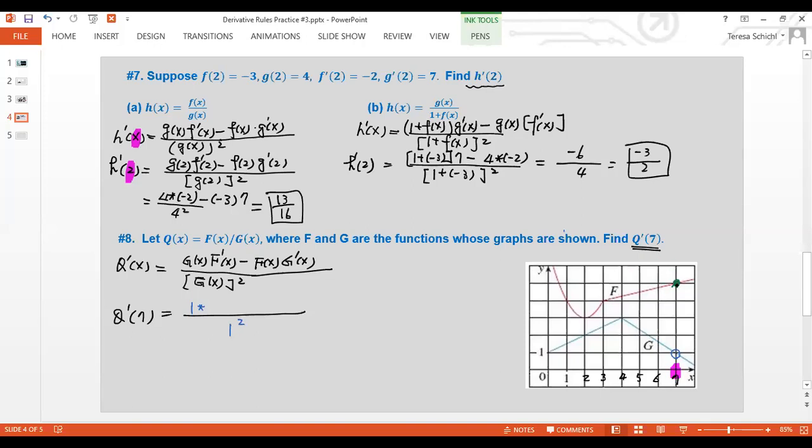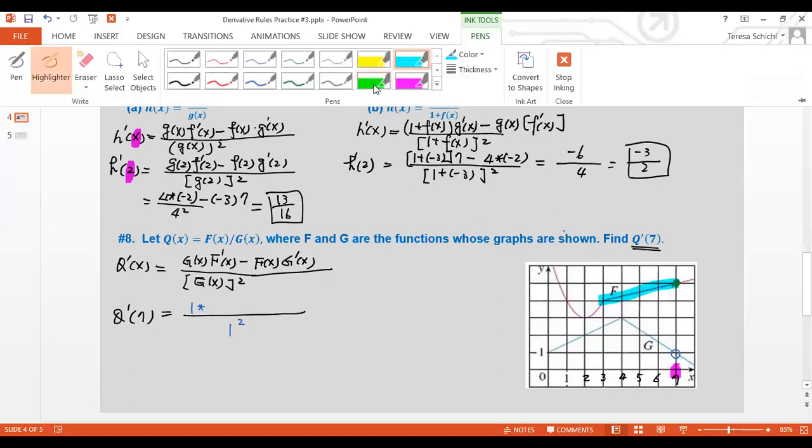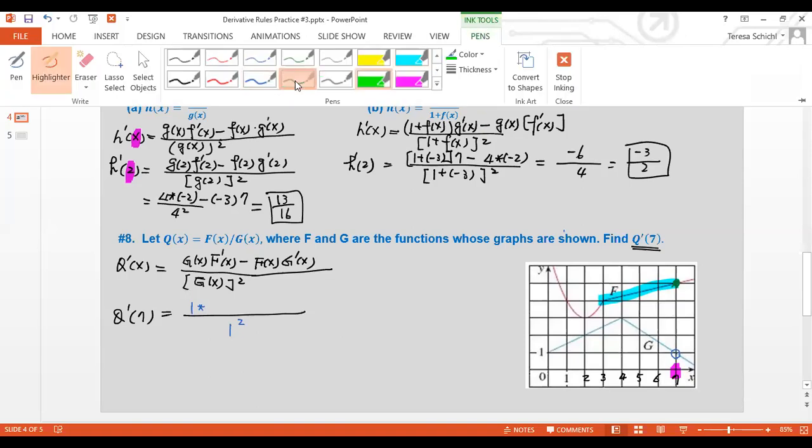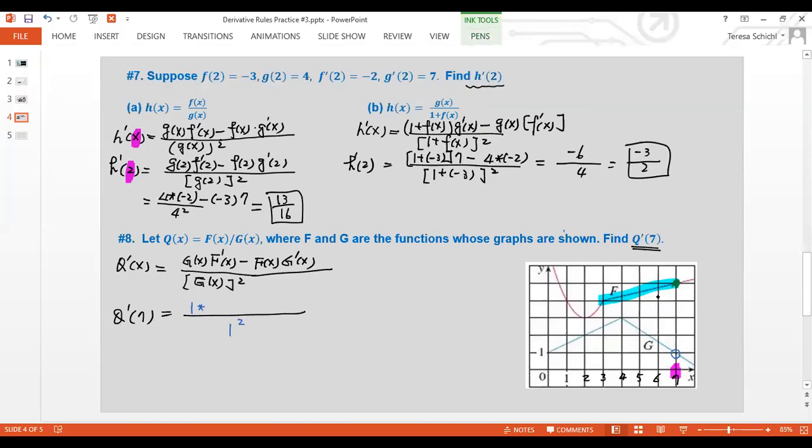So it's the slope of this line, see here. So what is the slope here? The slope will be rise over run. The rise is 1, the run is 1, 2, 3, 4, right? So this is 1/4.